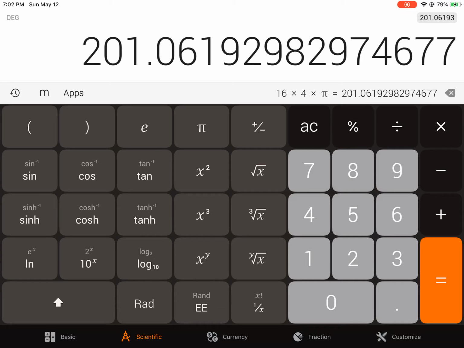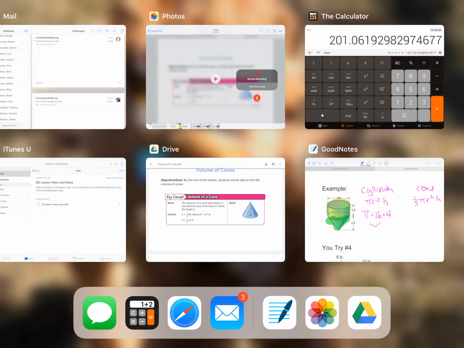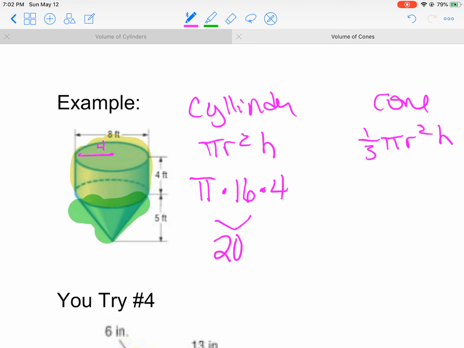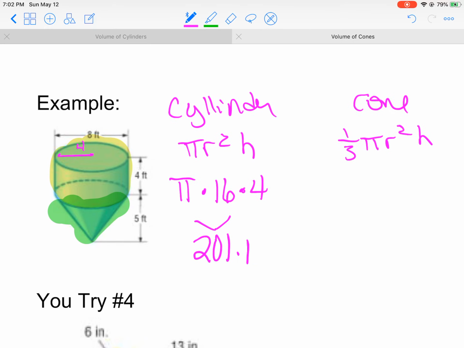So 201.1, we'll round it to the nearest tenth. And now let's go do our cone. 1/3 times pi times radius squared. Radius is going to be the same because it's using the same base. So 16 times our height of the cone, which is 5 though.